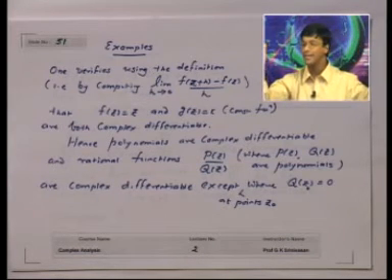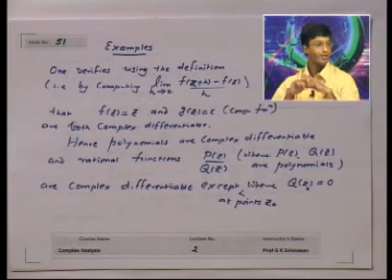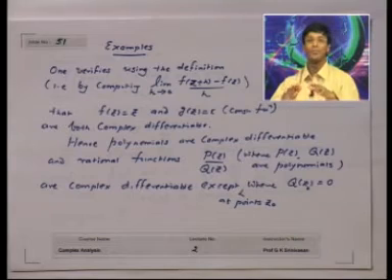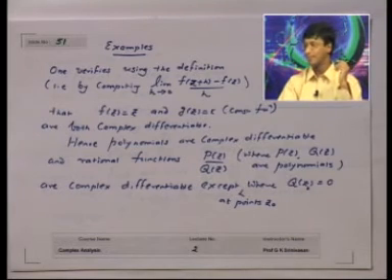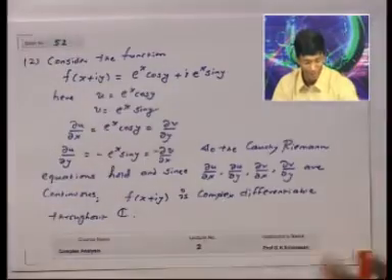We have a nice, rich class of complex differentiable functions, but this is not rich enough, right? I want something which is not a rational function, which is also complex differentiable. The Cauchy-Riemann equations have given us a new example, e to the power x cos y plus i e to the power x sin y. That is complex differentiable because it satisfies the Cauchy-Riemann equations. Now the question is, why is this not a rational function?